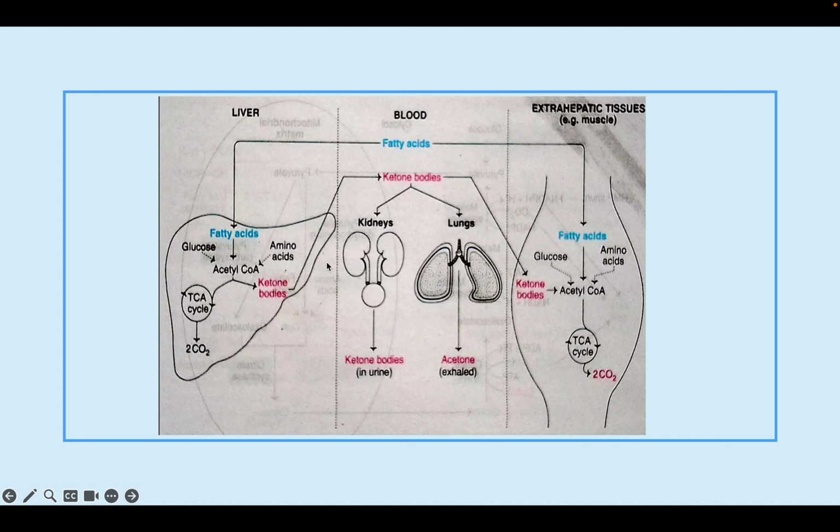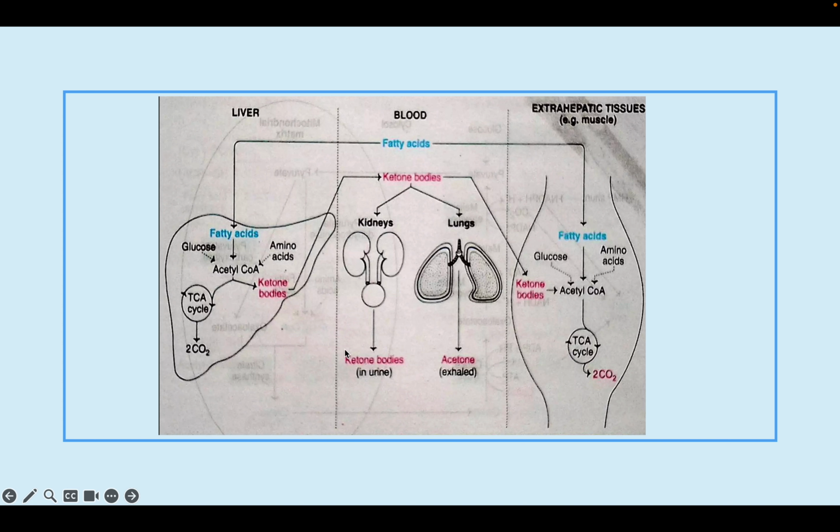And then these ketone bodies move to the blood, and then they can go to different tissues, like the kidney. So when people have an excess of ketone bodies, this is what is called ketonuria, which means that ketone bodies are released in the urine by the kidney, or they can be released as the smell of acetone, exhaled from the lungs. So you can notice it when someone has an excess of ketone bodies.